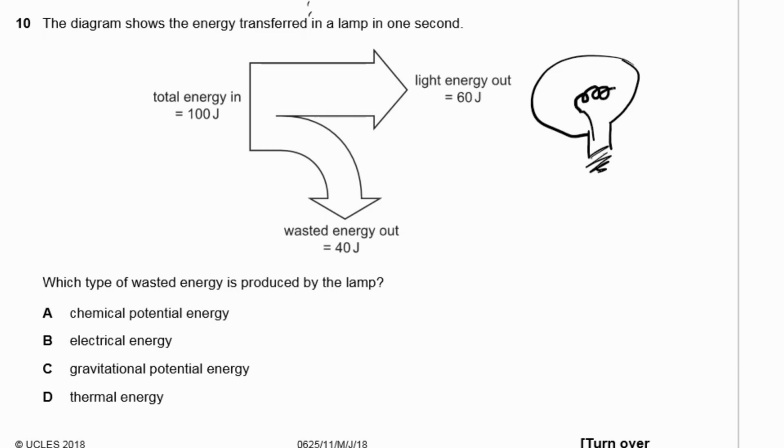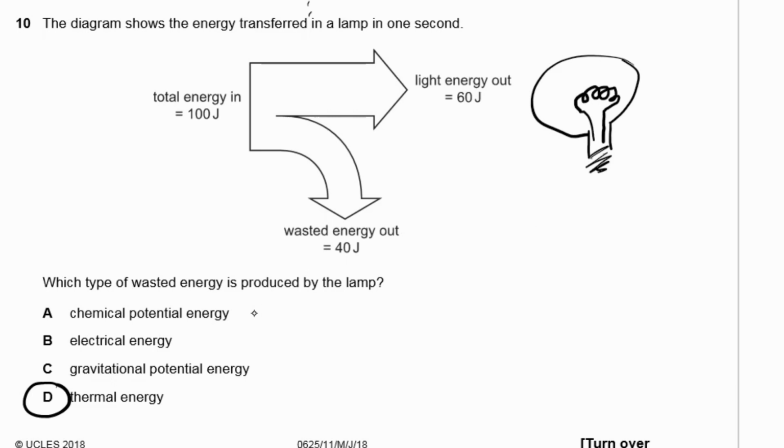Well, the filament gets hot and it gives out light. Even now we've moved away from filament light bulbs, it's still the same effect. The gas in the lamp gets hot and it gives out light. So what type of energy is wasted? Well, the heat energy. Because we don't want heat, we just want light. So there we go. Straight away you can jump to the answer.